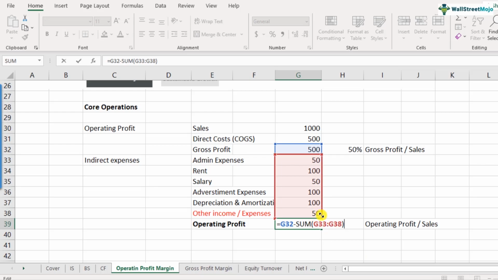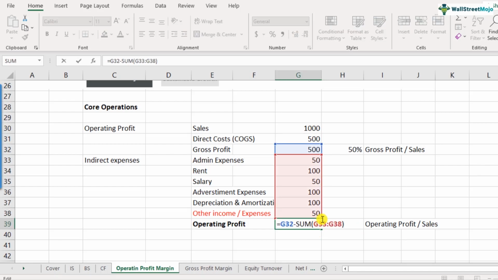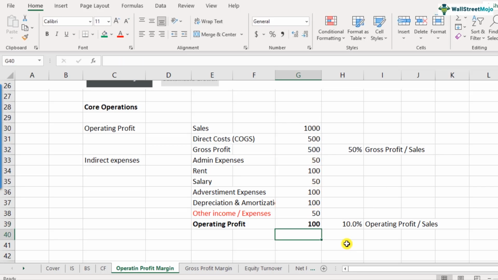Had you included that, your operating profit margins would have reduced further. And again, it is not giving the correct picture, because when we talk about operating profit margins, we said that the operating profit is from the core operations of the business. And if it includes other income, then that will not be the right thing to do. So we have to remove this. So ensure that it doesn't come into the picture and you get the right setup.